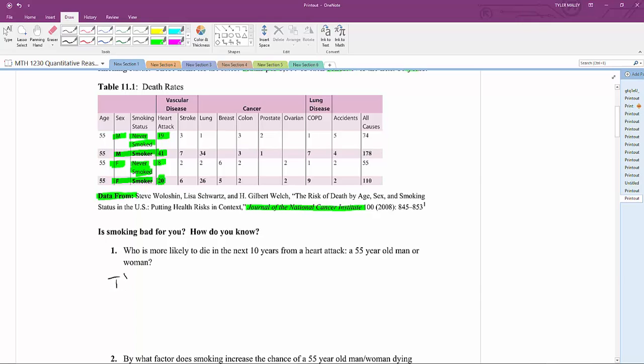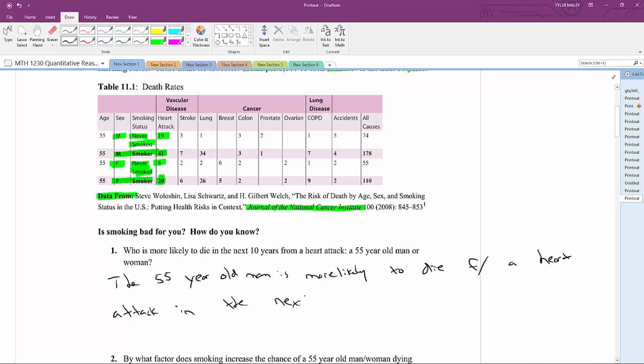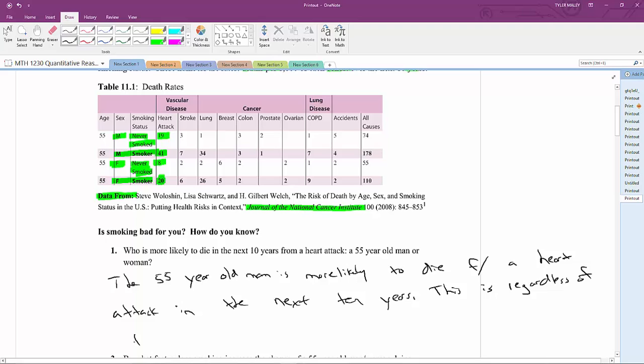So we could say the 55-year-old man is more likely to die from a heart attack in the next 10 years, regardless of their smoking status.